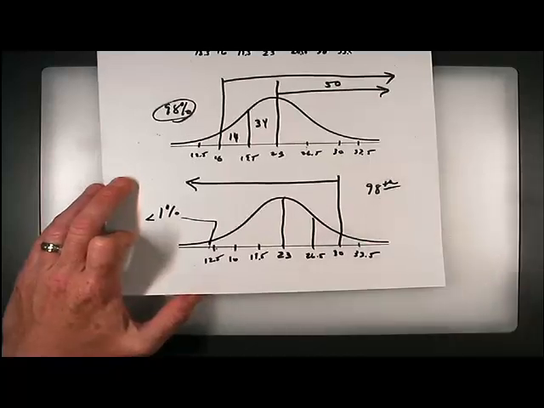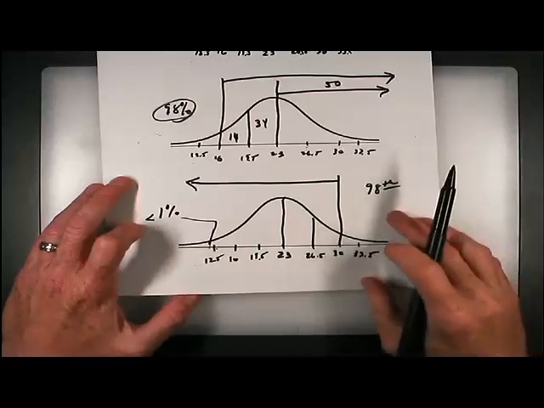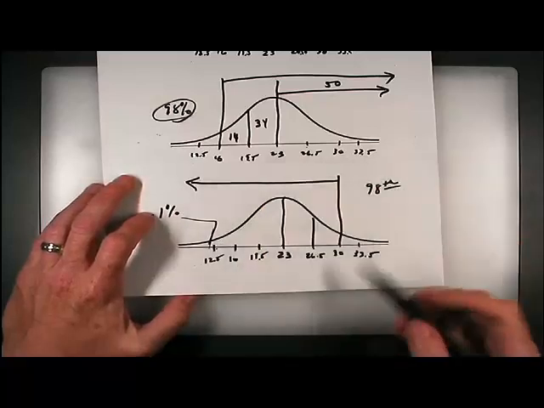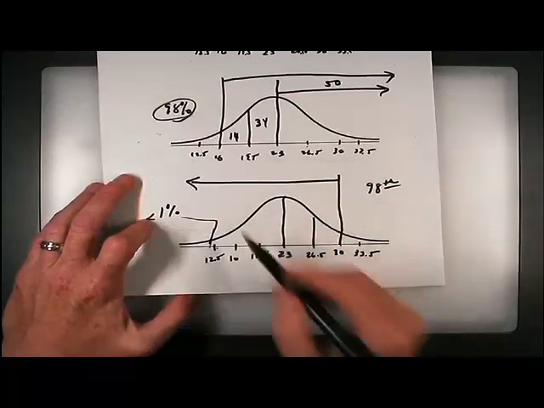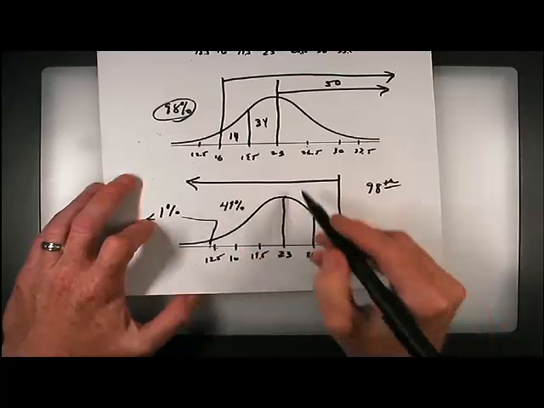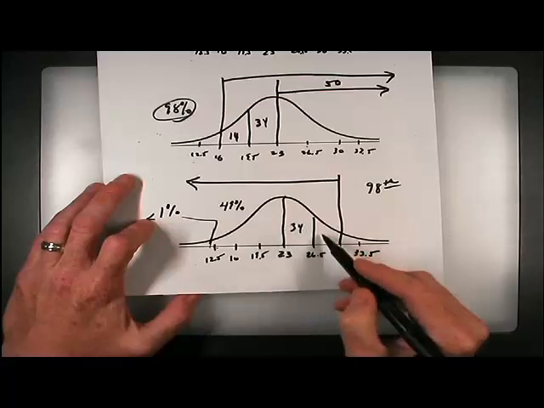Then it says, what is the rough estimate of the proportion of cars that were sold for an amount between 12,000 and 30,000? We said the tail was less than 1%. So let's just say 49 over here plus 34 plus 14.